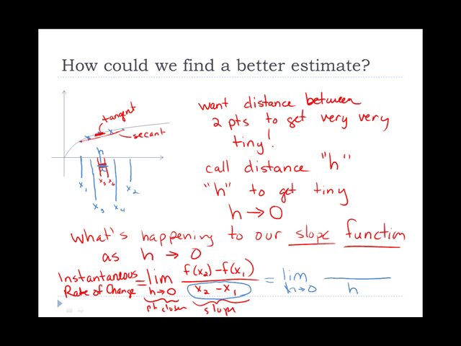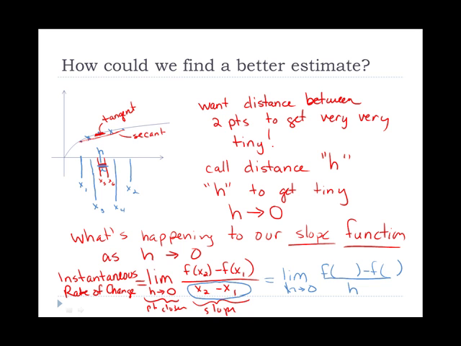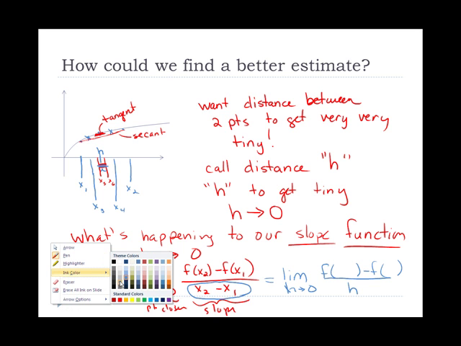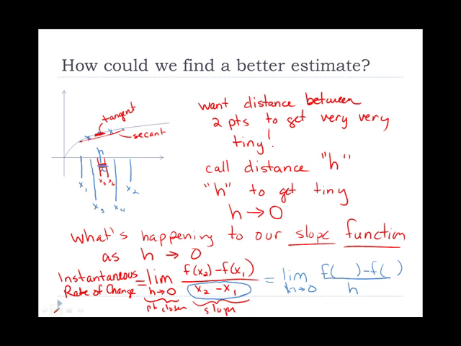Okay. Now, how about the y values? Well, we've got to get rid of 2 letters here and see if we can get it down to one with an h. I'm going to switch to a green pen so you can look for that color on the screen. Over here, instead of calling this x1, I'm going to call it a.